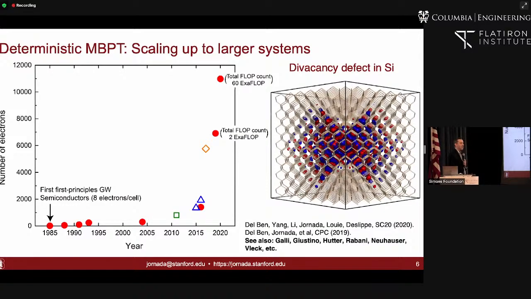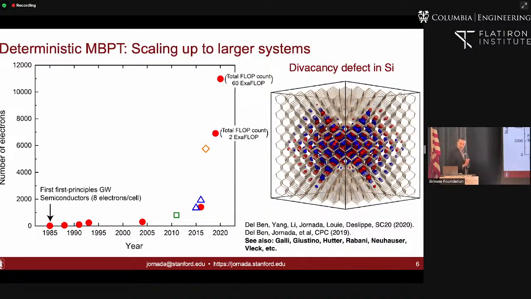So basically all those Green's function methods for GW calculations, which started in the 1980s with 2 atoms per unit cell or 8 electrons per unit cell, right now can tackle systems with up to almost 12,000 valence electrons, and even a little bit more, even larger systems, of course, if you include stochastic techniques such as what Wojtek mentioned in the last talk. So there is, of course, a bunch of important developments from the community, from low-rank approximation to stochastic techniques, that I'm not going to mention here.